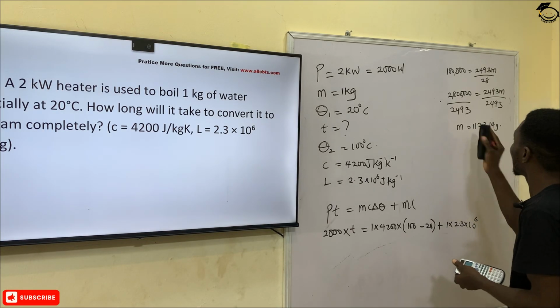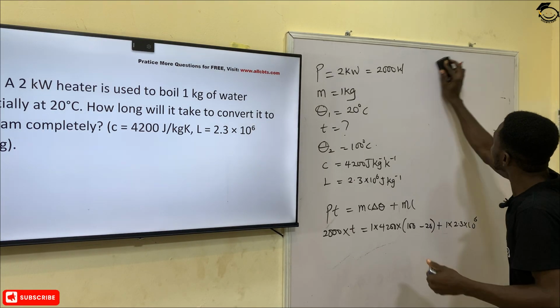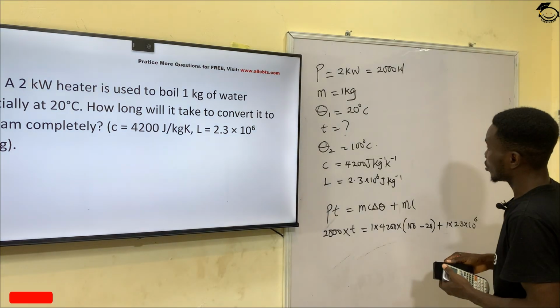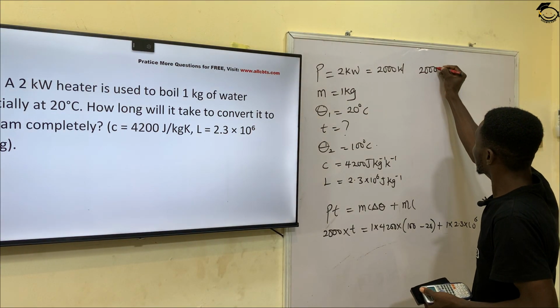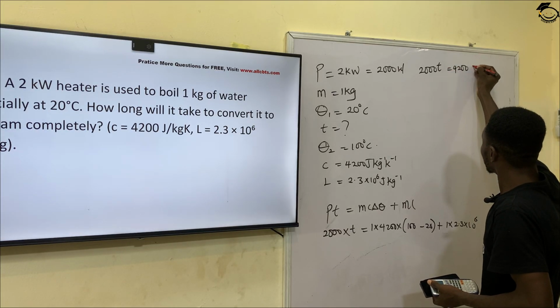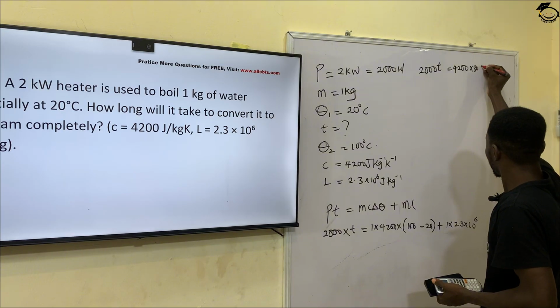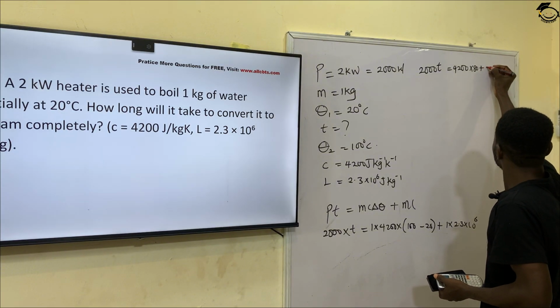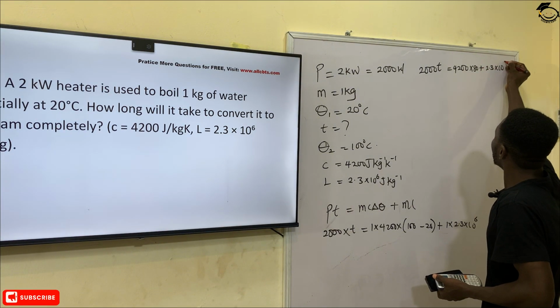So this means that I'll be having 2000 T is equal to 4200 times 80 plus 2.3 times 10 raised to the power 6.